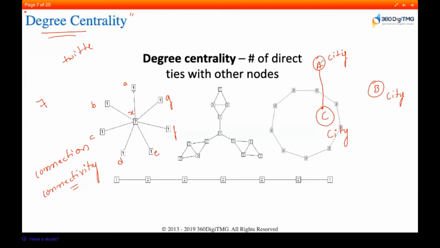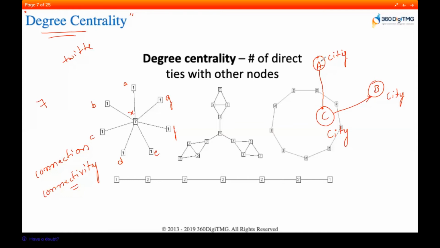So there is a direct connection between A and C. However, if you want to reach from A to B, you have to come to C and then go to B. There is a connection between A and C and between B and C. If you want to travel from city A to city B, you have to come via city C. And this kind of network is called connectivity.